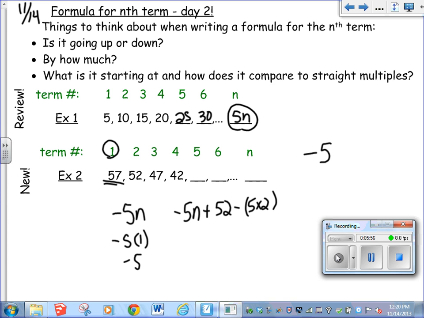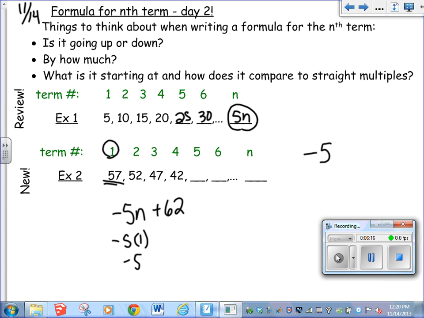Yeah. And 52 plus 10. Daryl, our formula is -5n plus 62. Is that what you simplified to, guys? Yeah, I guess. All right, so Daryl says -5n plus 62. How did you get to deciding that?